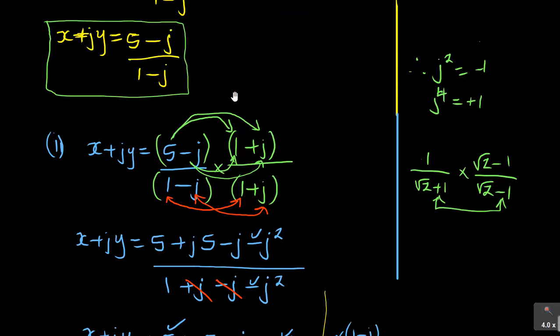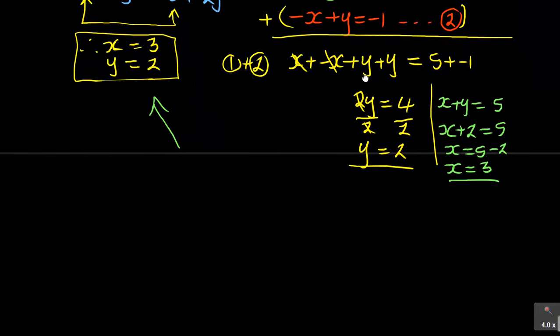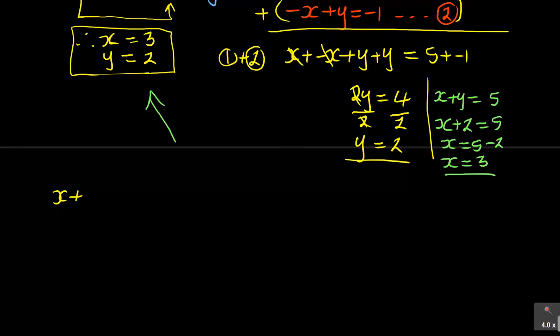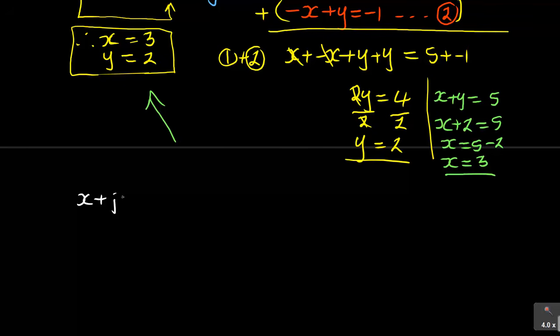So I've got x plus jy, just to see the other method I'm talking about, is equal to 5 minus j over 1 minus j.